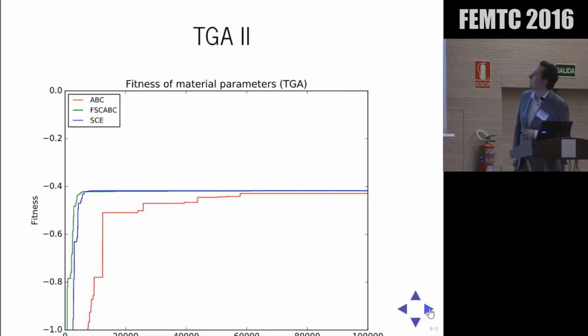As we see here, FSCABC and SCE perform pretty similar, and their end result after about 10,000 iterations is mostly indistinguishable. ABC comes to a similar result, but way later.